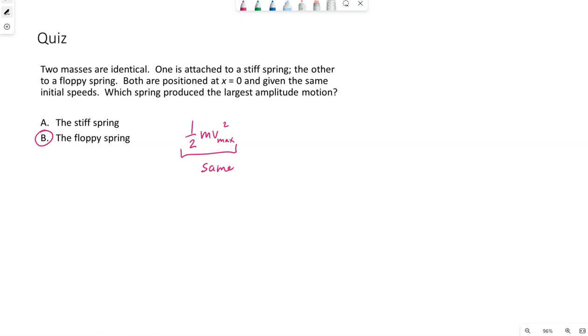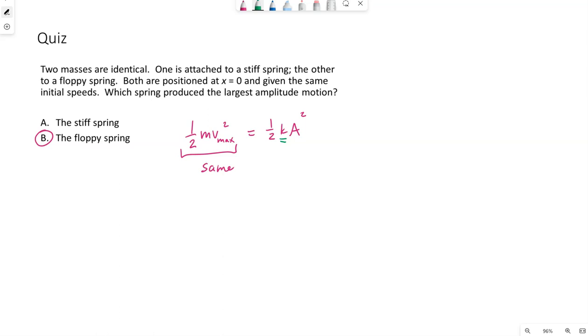At the origin, meaning the equilibrium position, the energy is all kinetic. That's why I'm writing that as a v max. We know the kinetic energy turns into potential energy. And so if they have the same kinetic energy, they must have the same potential energy overall.